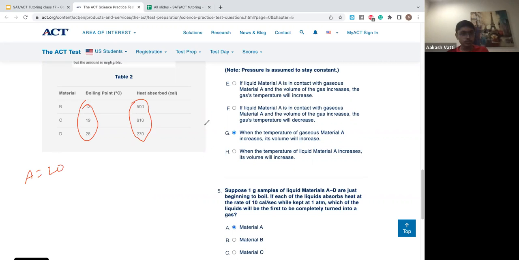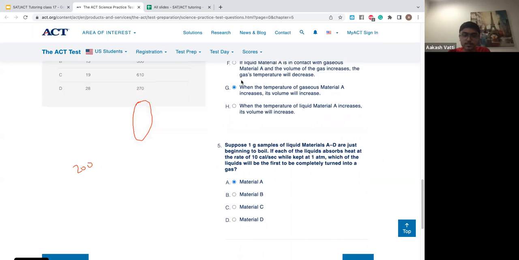And if you divide all of these, 500 divided by 13. Wait. It absorbed 200 calories of heat, which is lower than all of the heat absorbed by all of the other three, and therefore is the first one to turn into gas.